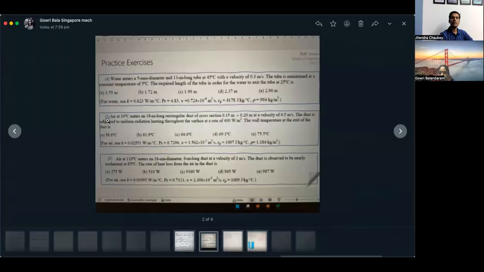Oh, no. Question 4, the 5 mm diameter first. We will solve it here only. I will just share the question with you on WhatsApp and we will solve it over here. Can you see the screen? I'll just send you what I have first. Yeah, no issue, send me.